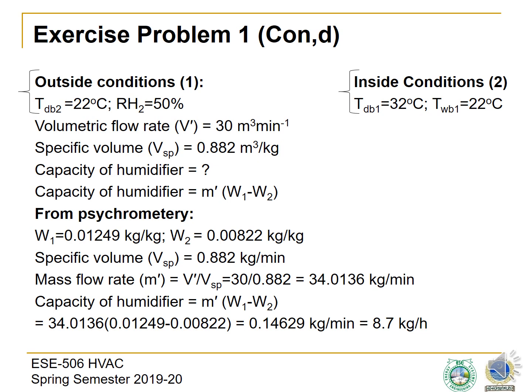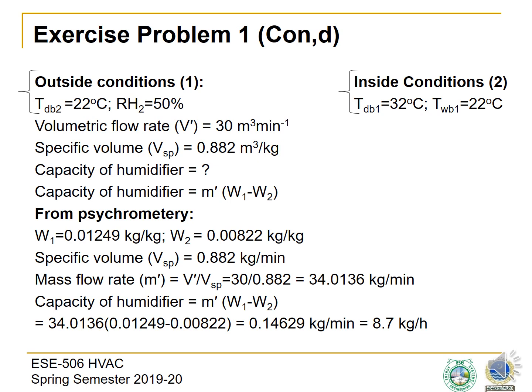The specific volume was already explained as 0.882. The mass flow rate is calculated by dividing the volumetric flow rate by the specific volume, which is 30 divided by 0.882. It comes to be 34.0136 kg per minute.